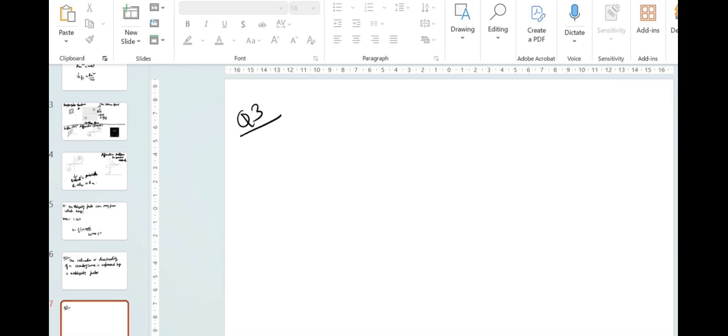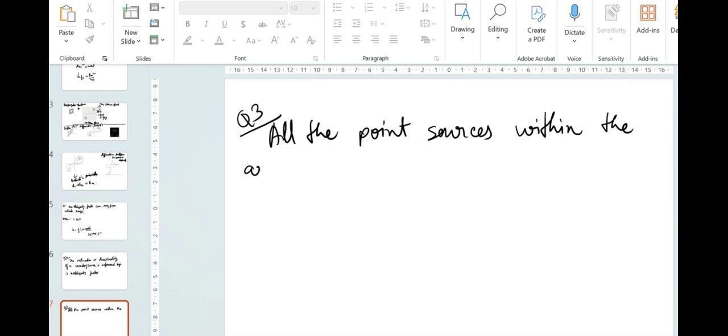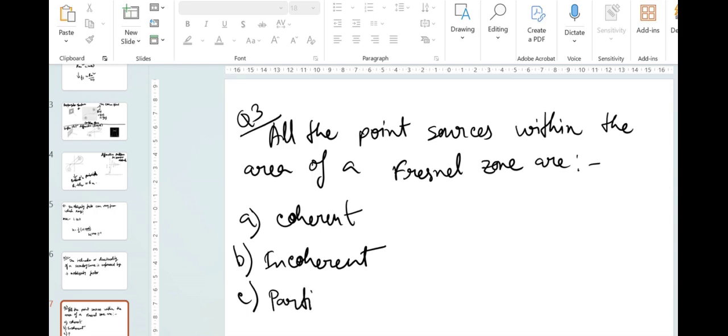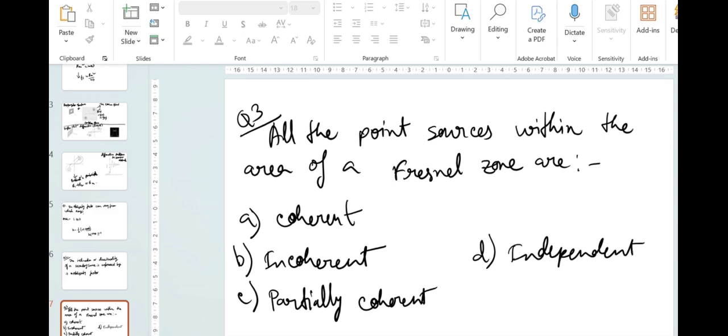Question 3: All the point sources within the area of a Fresnel zone are: option A, coherent; option B, incoherent; option C, partially coherent; or independent.